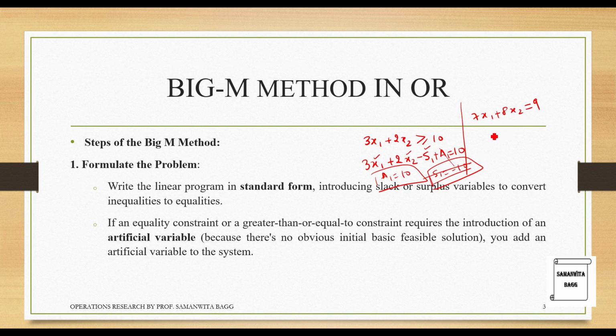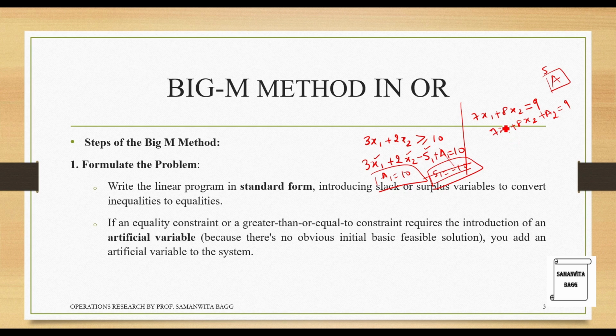Now in the second case, suppose I have 7x1 plus 8x2, since both sides are equal, I don't have to add a surplus variable or slack variable. But what we can add is something called an artificial variable. So on the left side, we are going to add artificial variable a2.